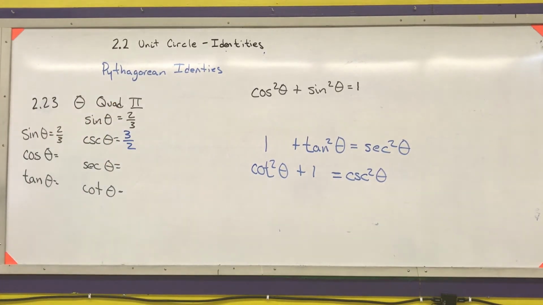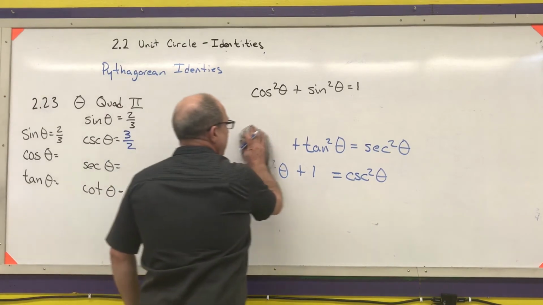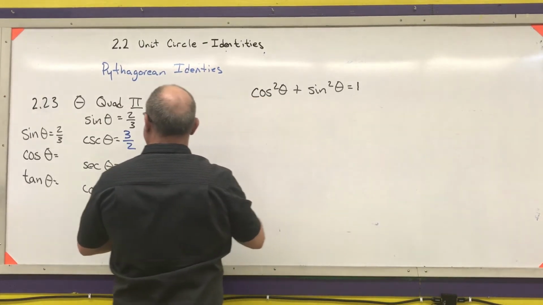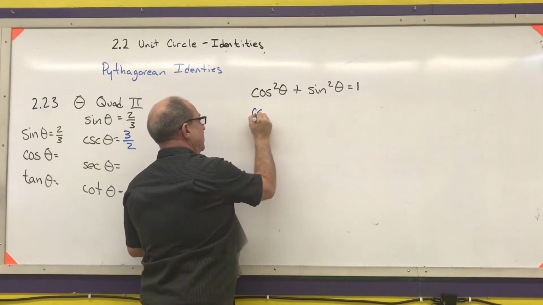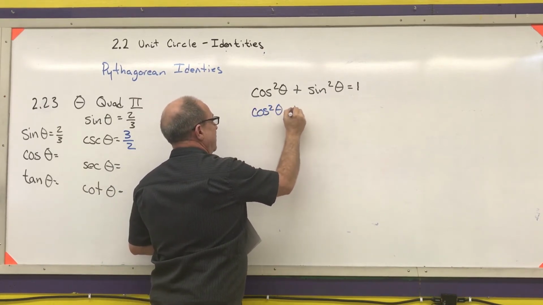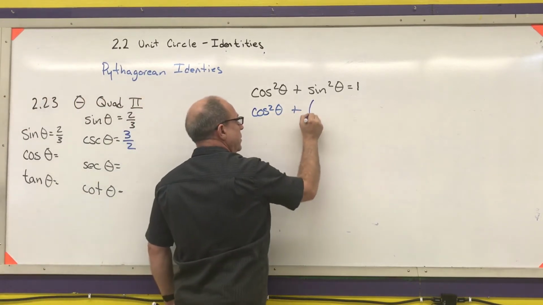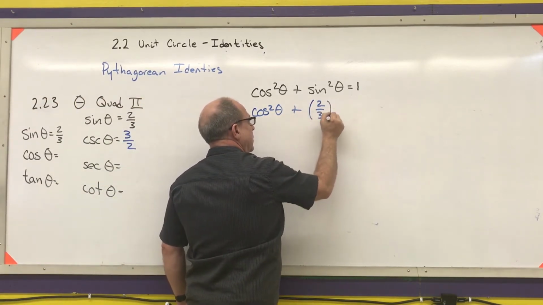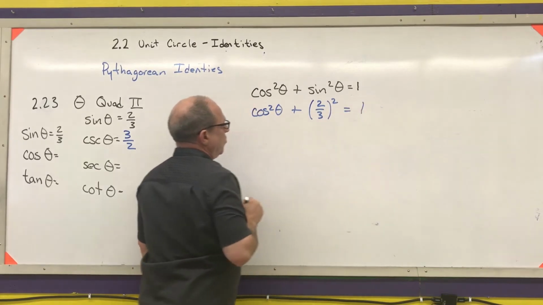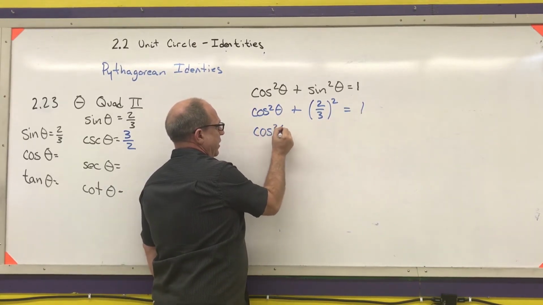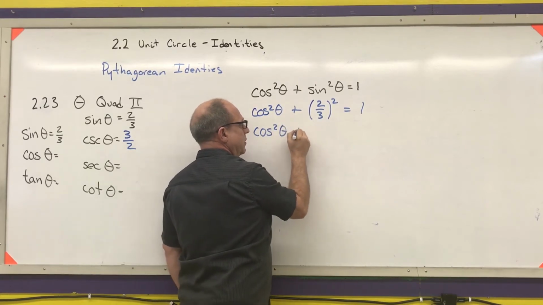Let me erase the board so you can see my work. I know that cosine squared plus sine squared equals 1. Well, I know that cosine squared theta plus, well, I know what sine of theta is. It's 2/3. I know that equals 1. Well, let's solve for cosine of theta.